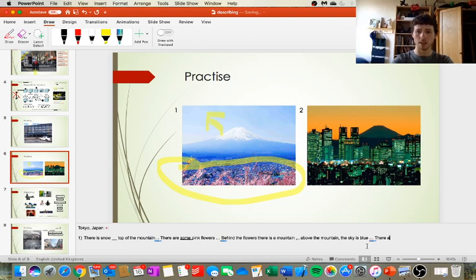There are below the mountain buildings. There are some buildings below the mountain. What word goes here?